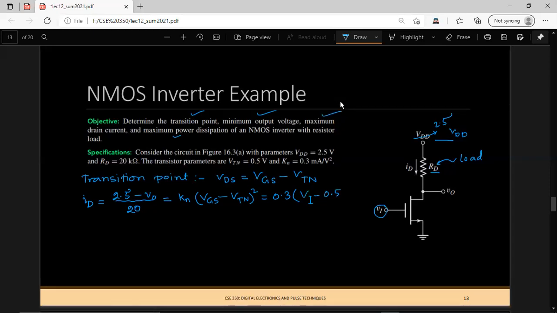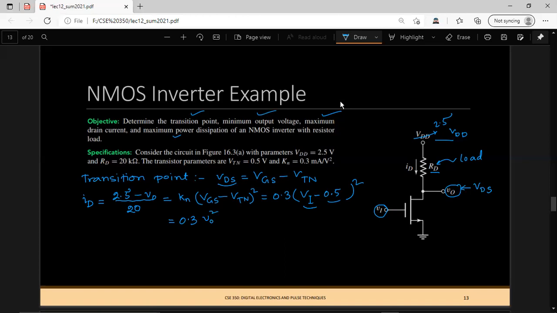Okay, so as we have discussed, VDS should be VGS minus VTN. So this is actually VGS minus VTN, so we can replace it like 0.3 with VDS, and VDS here is V0. So V0 squared.